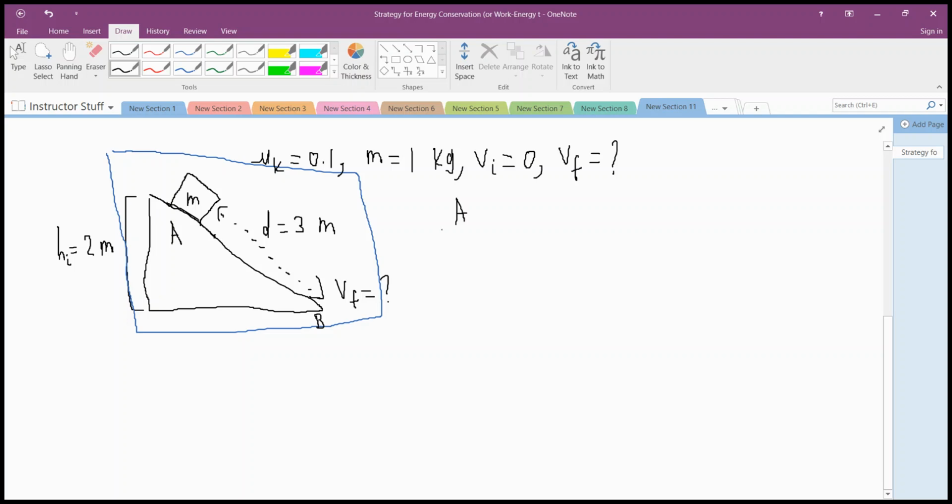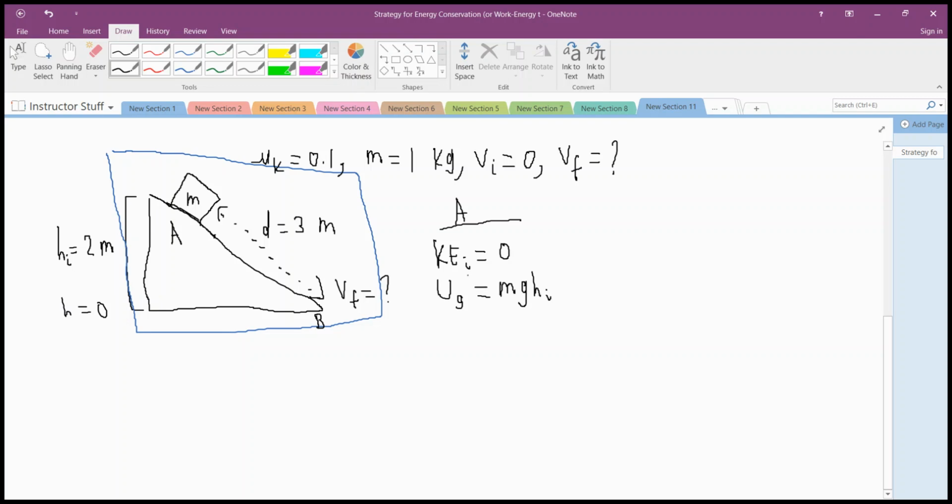So now that I have that, what do we have for kinetic energy? Well, kinetic energy in state A, our initial kinetic energy, is 0. How about gravitational potential energy? Well, if I make h equals 0 at the bottom of the incline, as we often do, then the initial gravitational potential energy will be mg h initial. Do we have anything else?